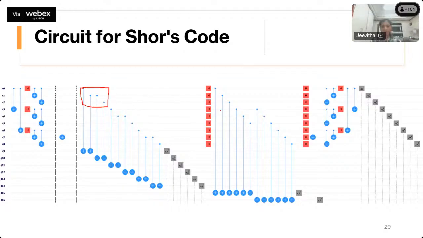And for the phase flip error, we can see a similar pattern as well, where we divide each block into 3 qubits, and the pattern is similar. I can explain that.